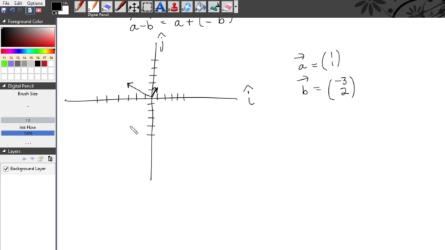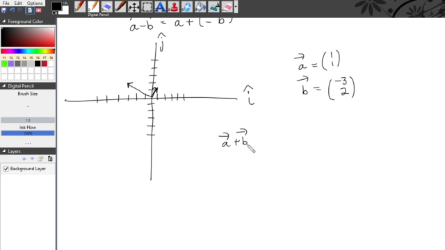Okay, great. So then let's say we want to find A plus B. How would we do that? Well, it's actually pretty simple. So we know B is -3 in the x direction, so by -3 it's 3 to the left and 2 up.